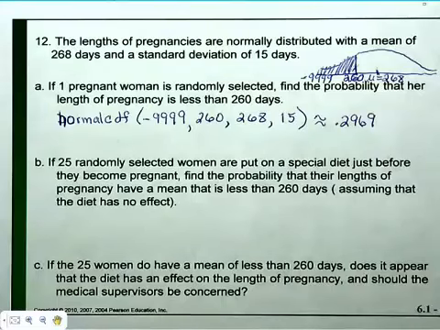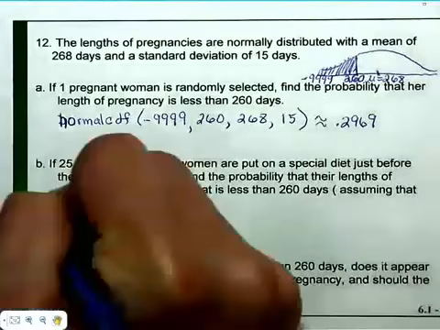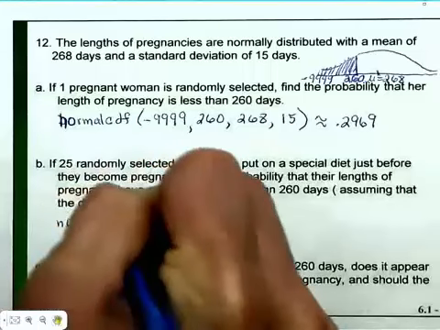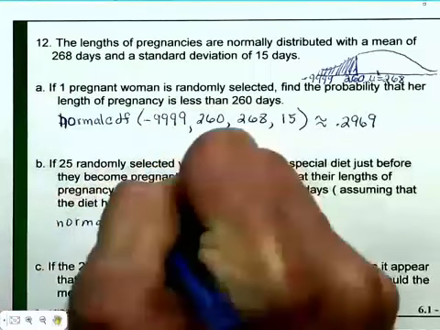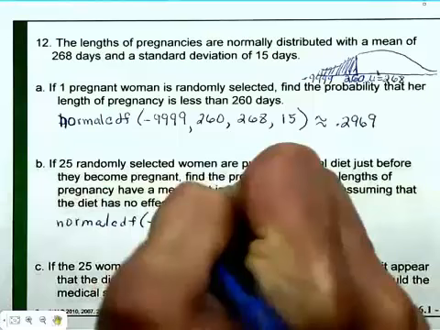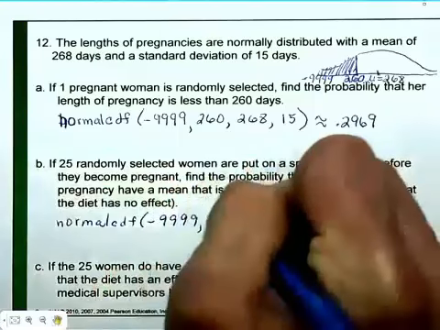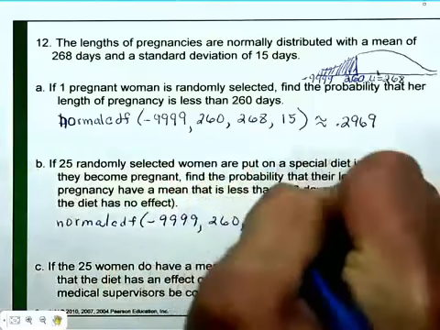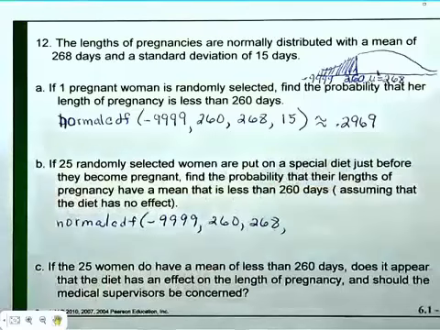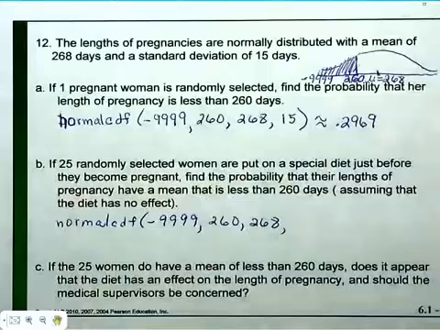If the sample size is 25, then I'm still going to enter normal CDF, negative 9999 to 260, given that the mean is 268. But because we're talking about a group of 25 women, and notice the word group may not be in there, but still it's implied you're talking about 25 women instead of one.